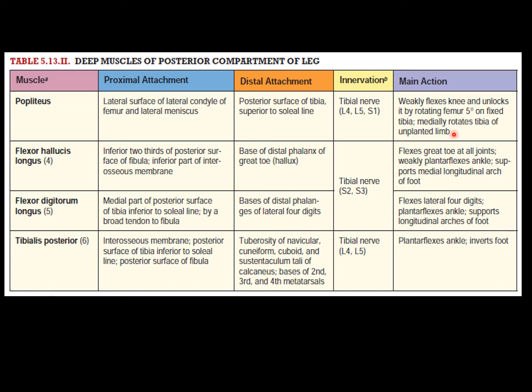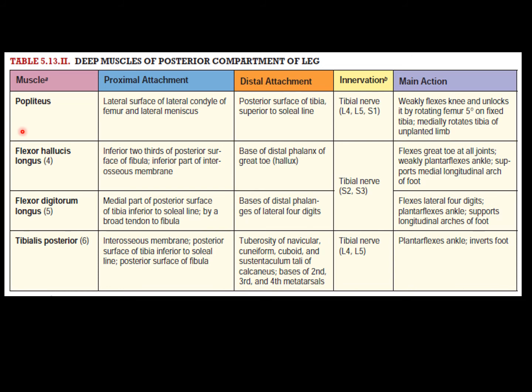So the femur rotates 5 degrees on the tibia, and medial rotation of the tibia of the unplanted limb takes place. So that's how it unlocks the knee joint. So popliteus is the muscle which unlocks the knee joint when the knee is completely extended.